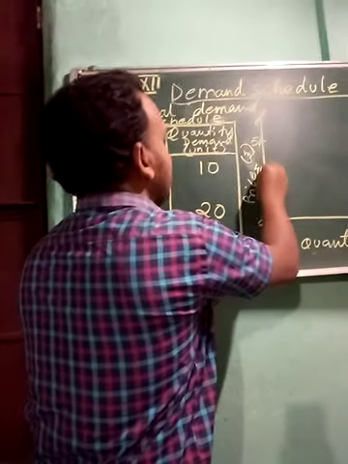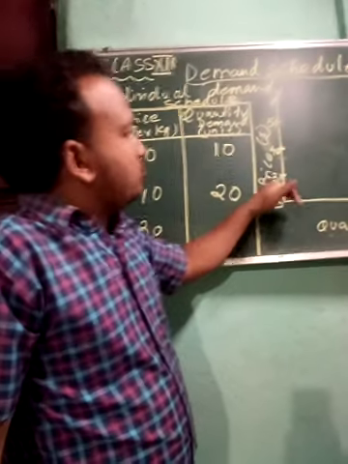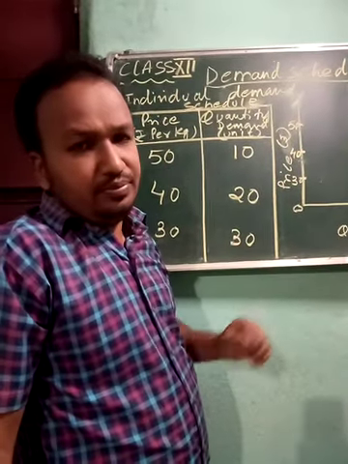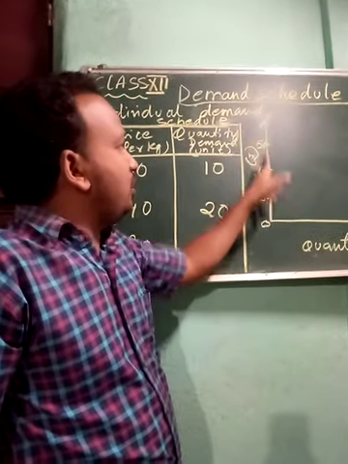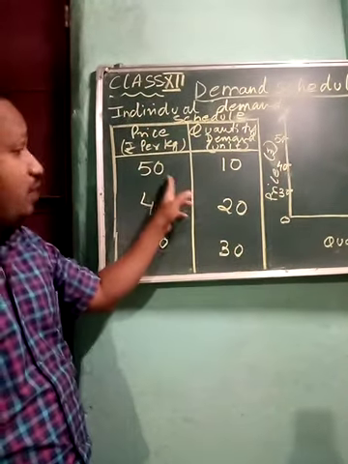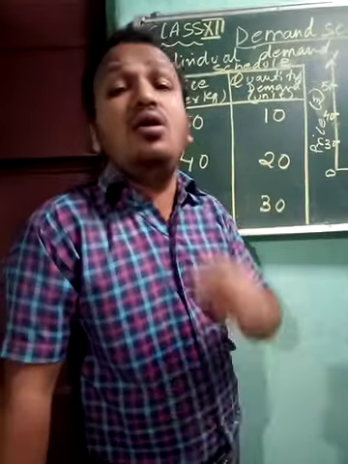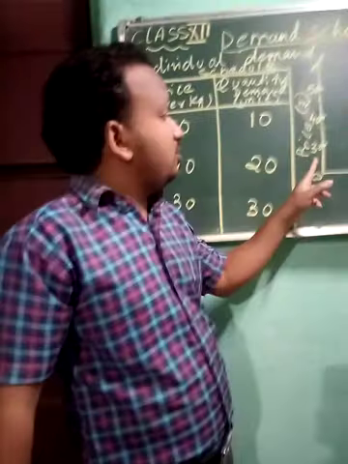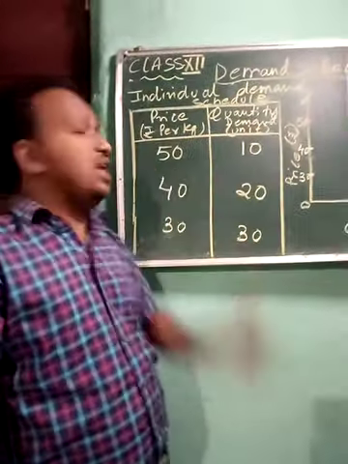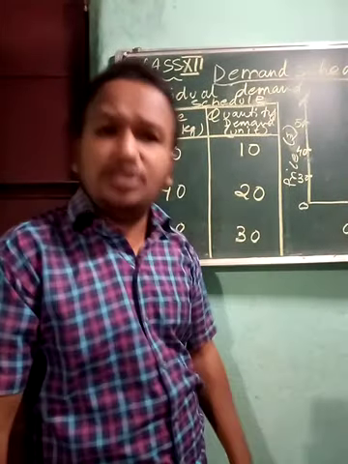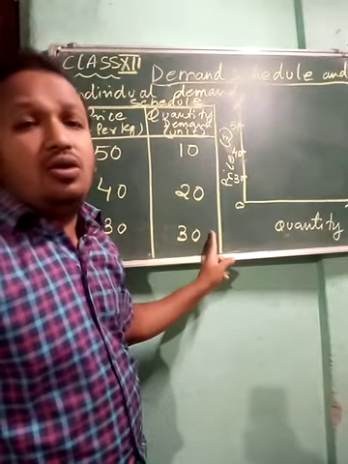When you are writing, make sure you start the numbers from small to bigger, that is ascending order. Always it should be in ascending order, 30, 40, 50, not 50 first, then 40, then 30, because then it will become completely wrong. Whatever prices you have taken in the schedule, you start with the small number.